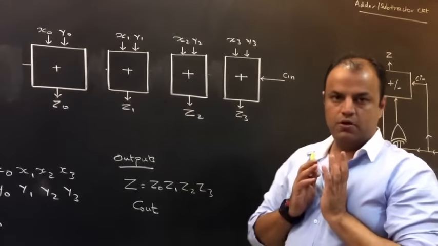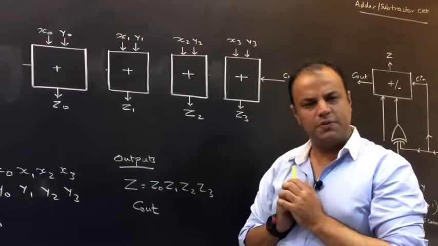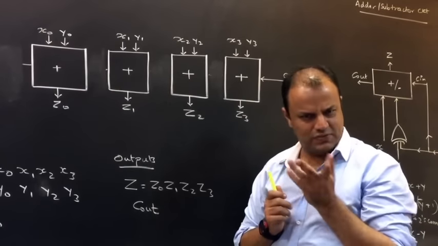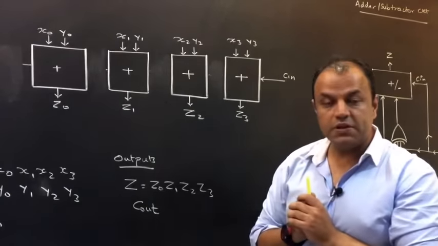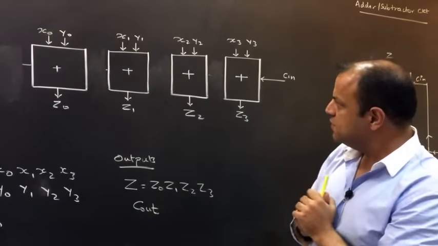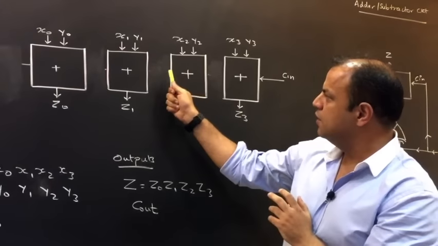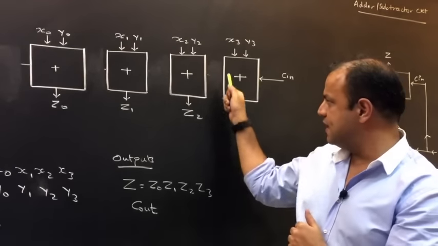To a person with limited intelligence, or probably a person with a limited will to learn, C2 can be produced using X2, Y2 and C3, the carry that comes here.